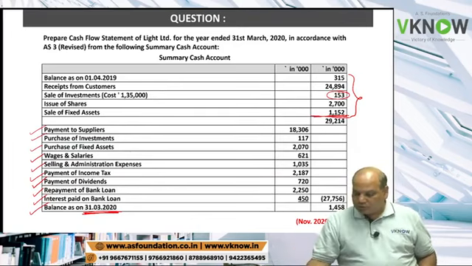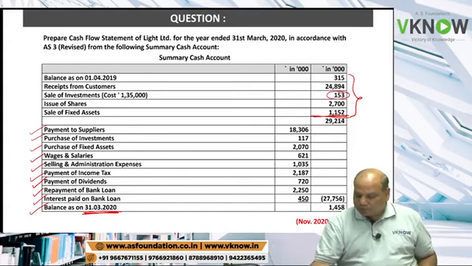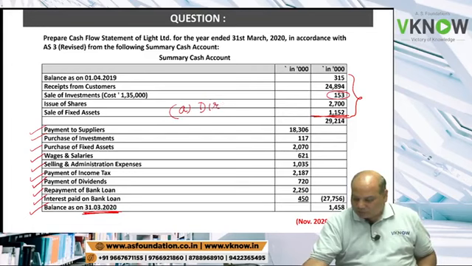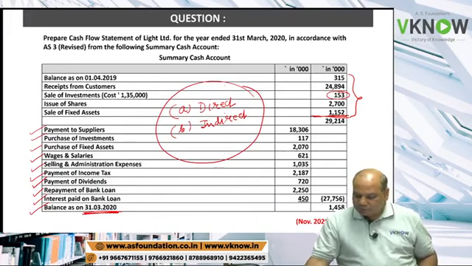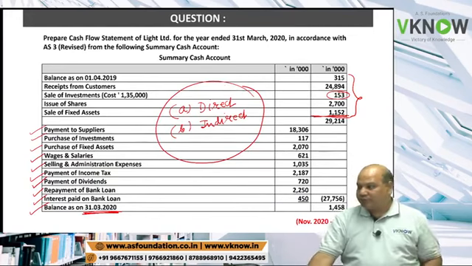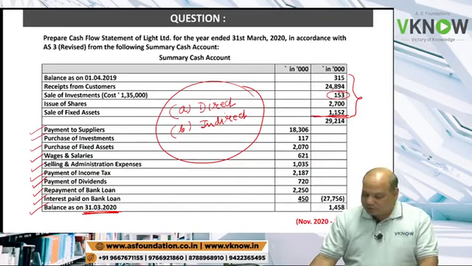In this question we have to solve the way the question is given. Option A, direct method. Option B, indirect method. Which option is applicable? The question has not mentioned whether direct or indirect, but we have to decide.